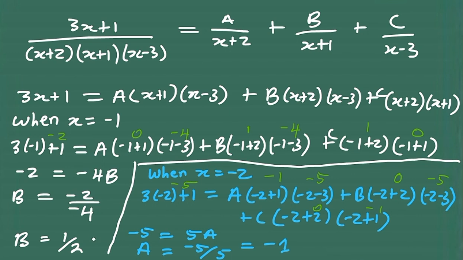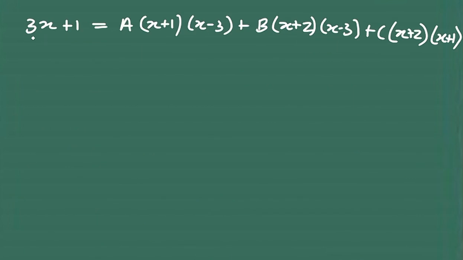We have found the value of b, and we have also found the value of a. Let's go ahead and find the value of c. Now from the expression given, 3x plus 1 equals all the expression here, let's think of a value that will eliminate a and b so that we can find c. If I take x equals positive 3, a and b will be gone.